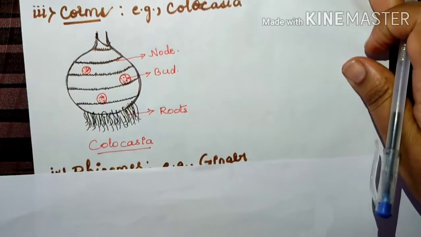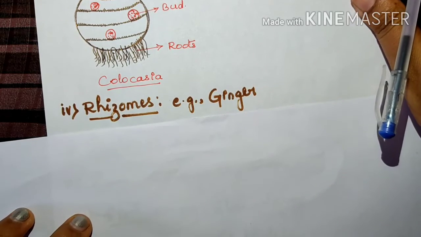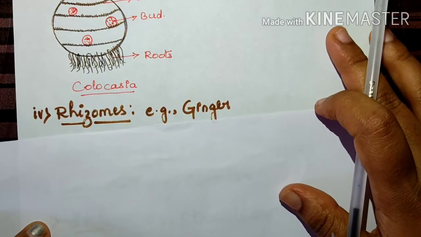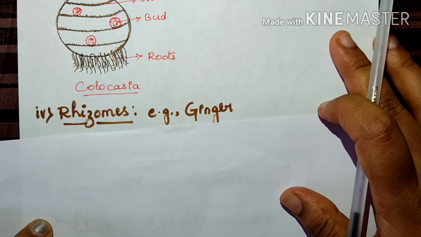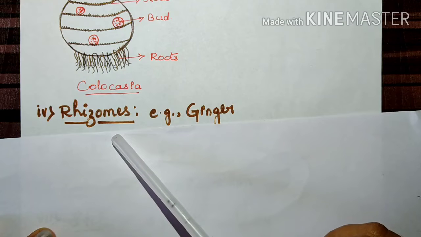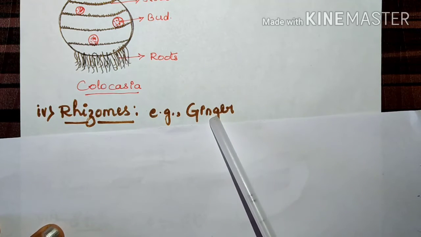And the next modification of stem for propagation is the rhizome. Rhizome is the main underground stem with buds which give rise to new aerial shoots during favorable conditions.